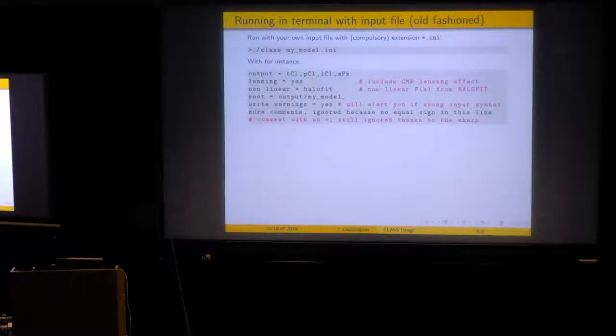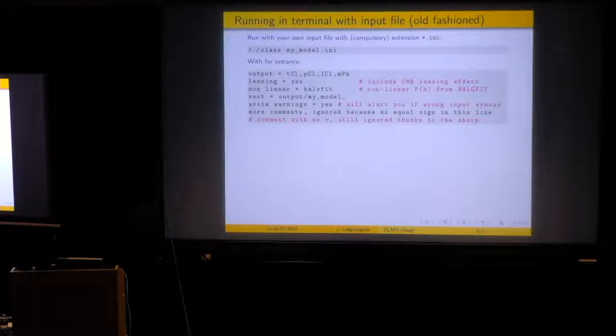And to get a minimal number of things, you can write an output field. So you can set the output to TCL, PCL, LCL, MPK. This means the CL of temperature of the CMB, the CL of polarization of the CMB, the CL of the lensing of the CMB, and the matter power spectrum.